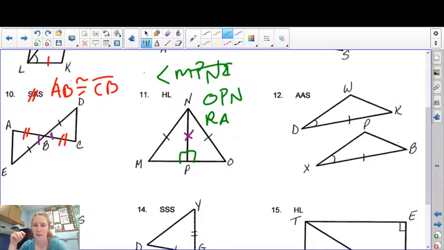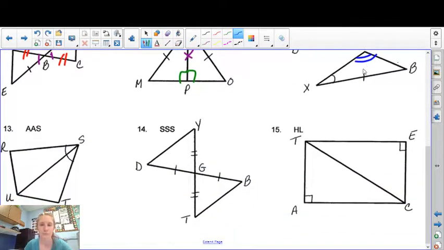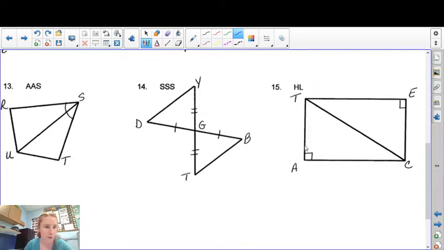I need another angle for this next one. I need to go angle, angle, side. I already have the side, I have an angle, so I need to go backwards. So I need W and I need P, so I need to know that angle W is congruent to angle P. I am on my face, so extendo pago.